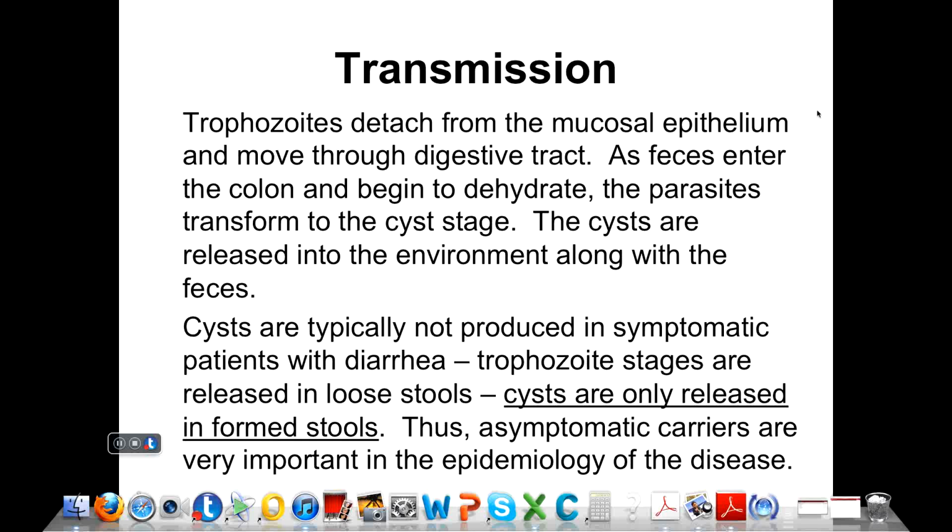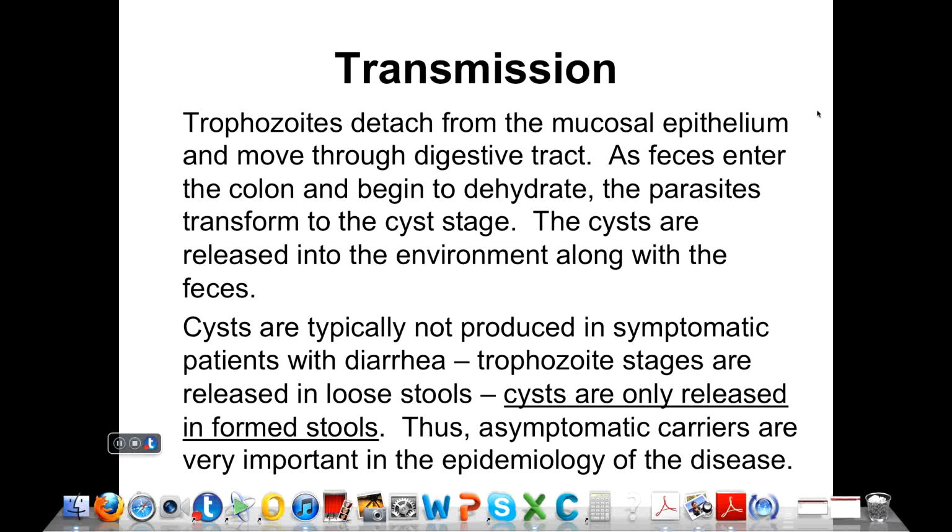One of the things that is important to the epidemiology of giardiasis is that symptomatic patients are not releasing cysts. So the people who are the most ill are not the ones that are the most contagious. The reason for this is because someone that has a fulminating diarrhea is releasing trophozoite stages and not cysts, because there's no opportunity for dehydration and cyst formation to occur.